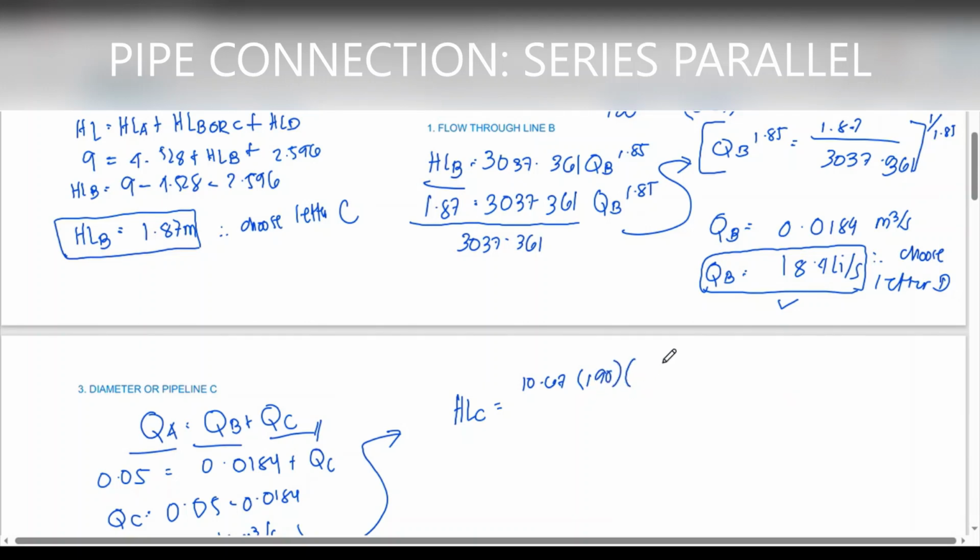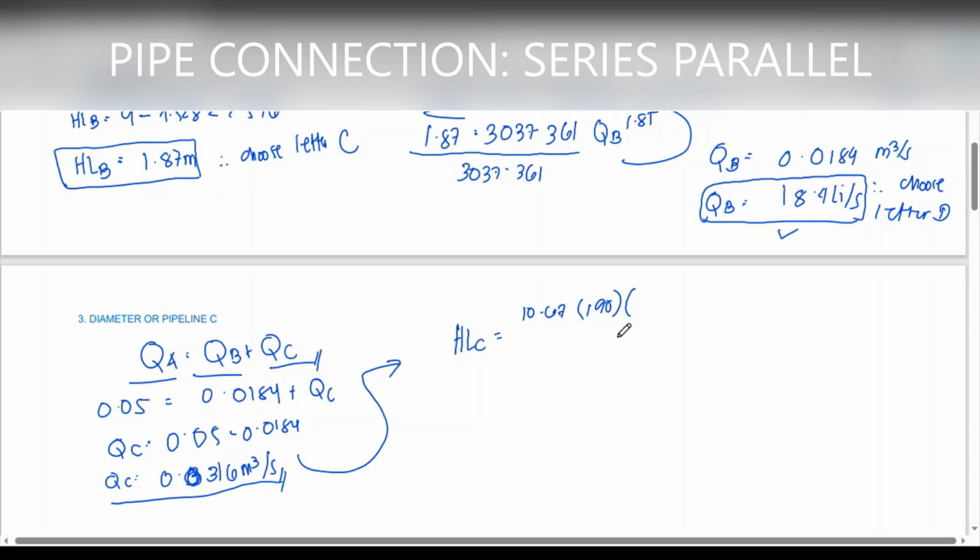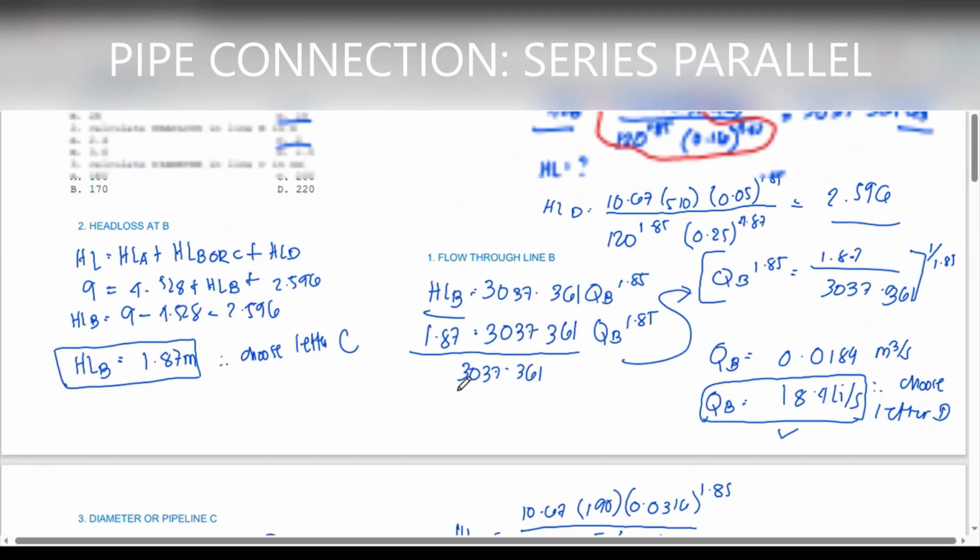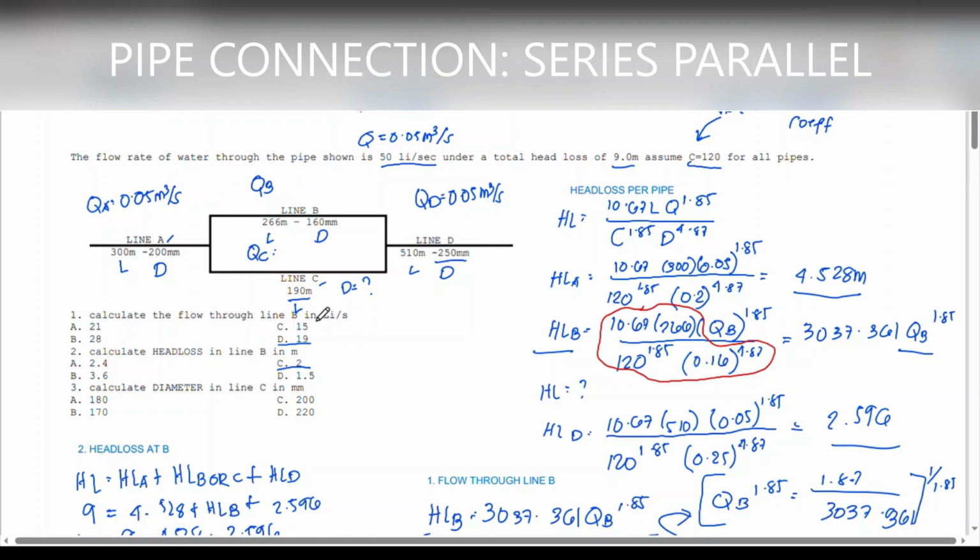Q at C is 0.0316 raised to 1.85 all over C value, which is 120 for all pipes, raised to 1.85. The diameter is unknown, d raised to 4.87.